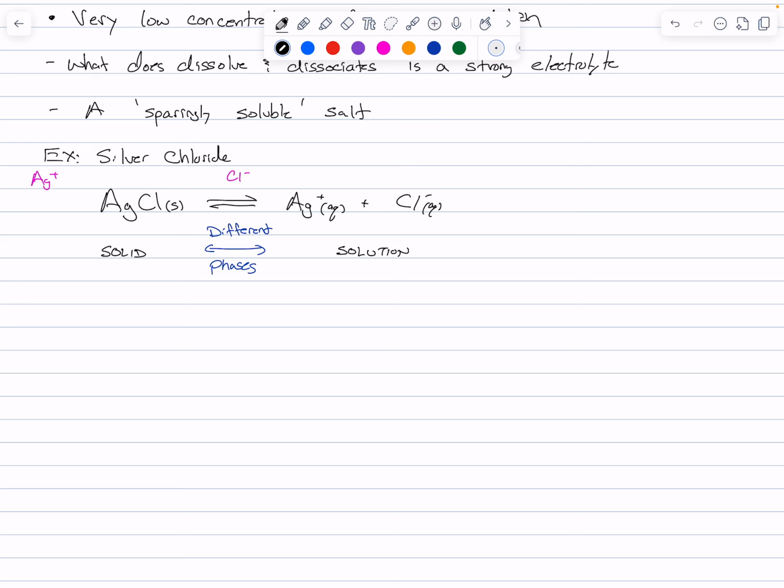And so what we do is write the equilibrium constant expression for those components in solution, with respect to the system in solution.